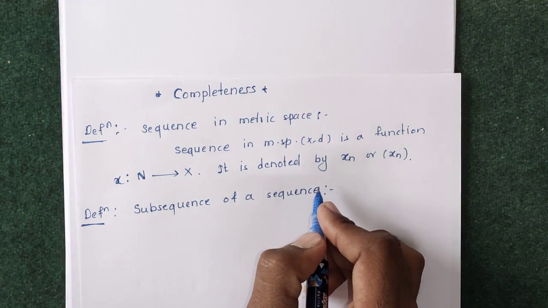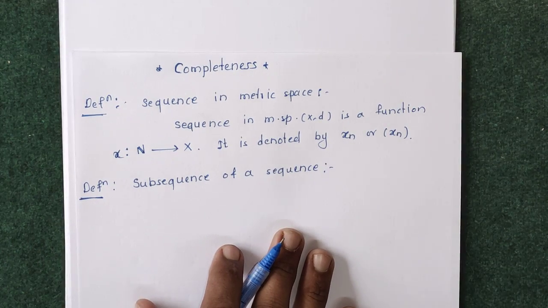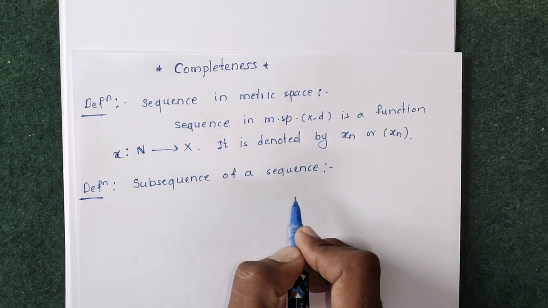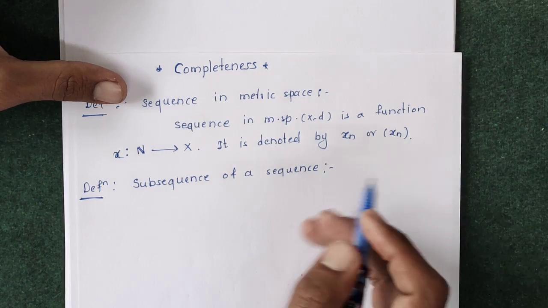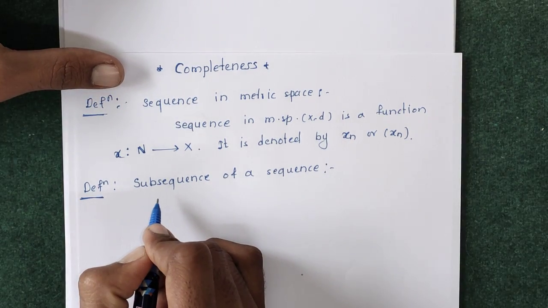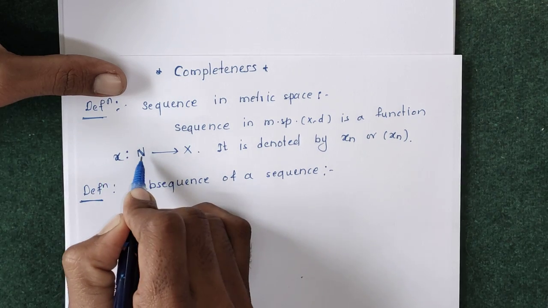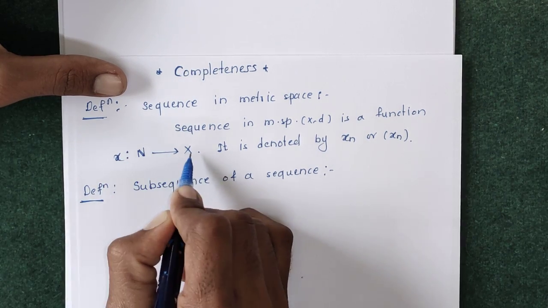As we know, a subset of any set is just the elements from that set which are contained in the given superset. Similarly, a subsequence is just a restriction of this function from some subset of natural numbers to X.